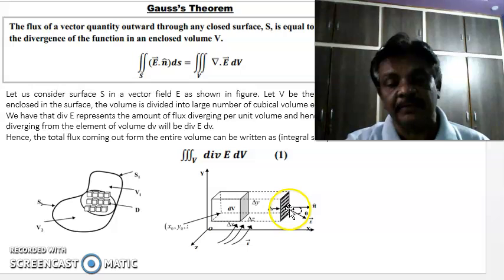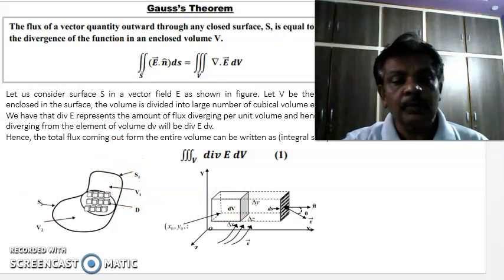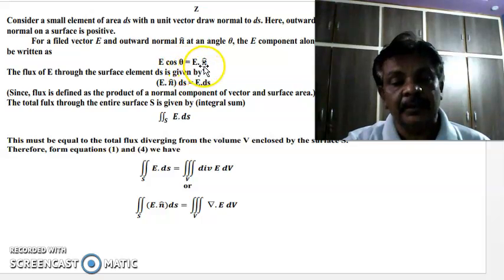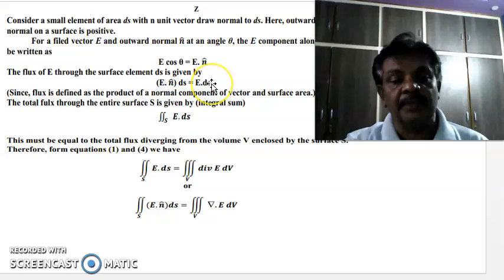This is the flux diverge from the dV part. Now coming to the surface area element of a vector function, it is given by E bar dot n cap dS, which is E bar dot dS bar.